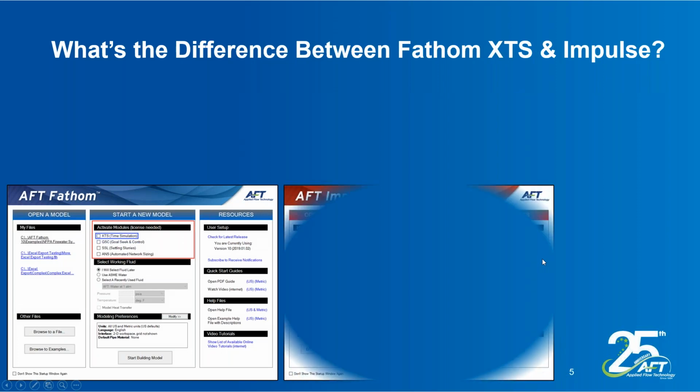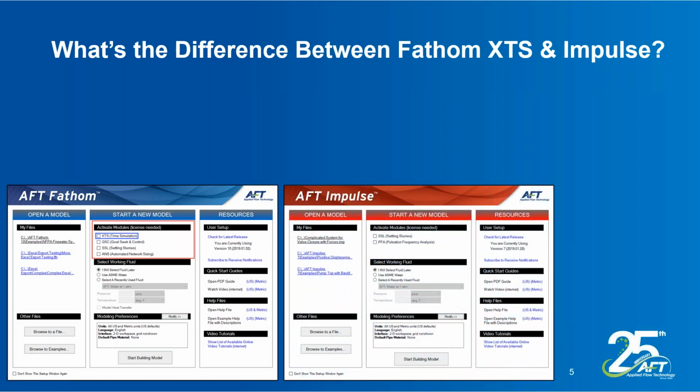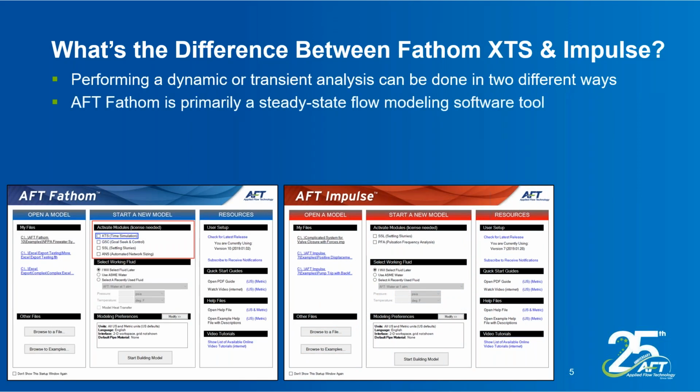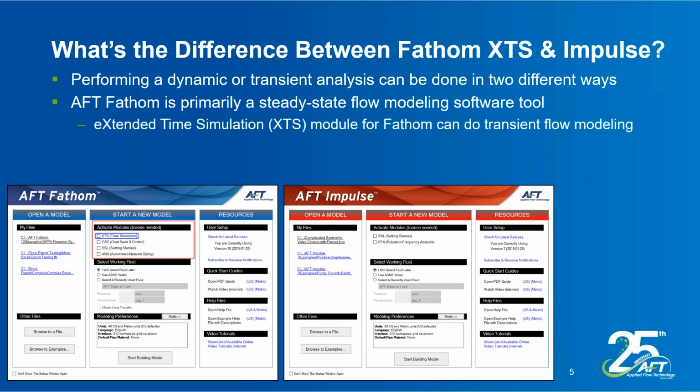Next, we have AFT Impulse. If you were to run AFT Impulse, this is the very first window that you would see when you first go to run the software. So you can do your transient analysis in two different ways. As you are probably familiar, Fathom is a steady state flow modeling tool until you activate the XTS module.